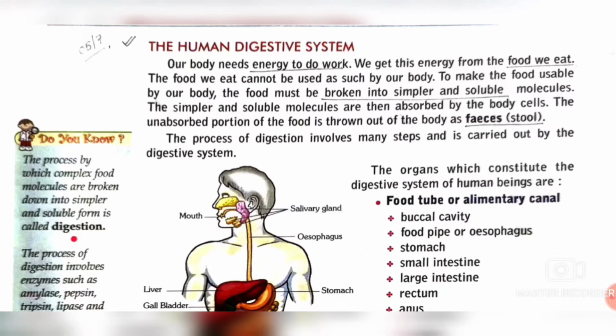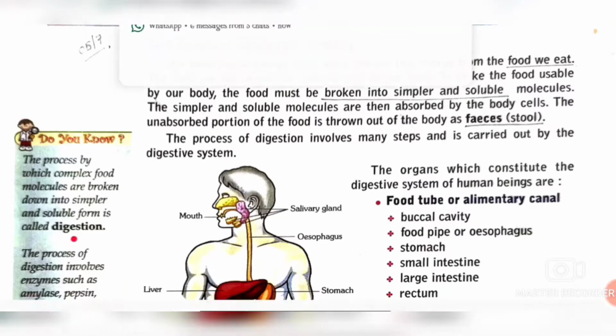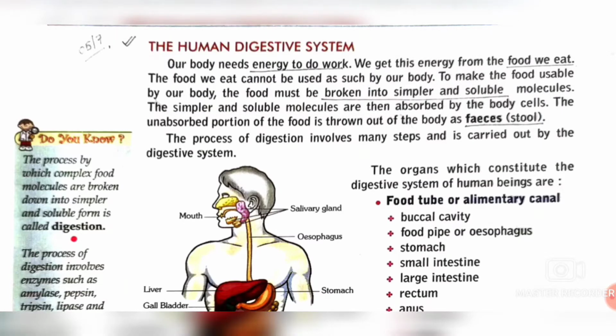That means the whole part of the food does not break down into simpler and soluble form. There is some part that remains in an undigested state, যেগুলো কিন্তু undigested অবস্থাতেই থাকে. That part is thrown out of our body as feces or stool.